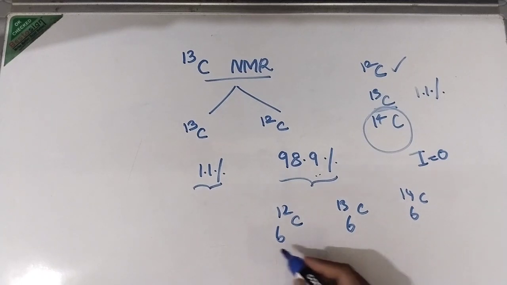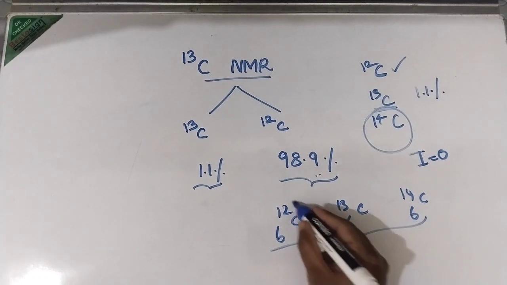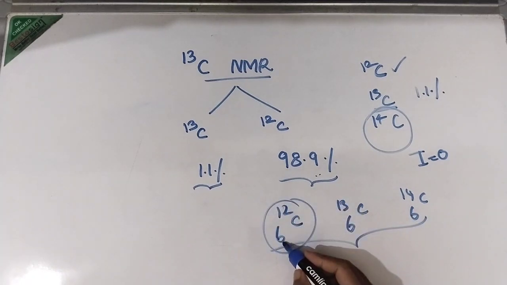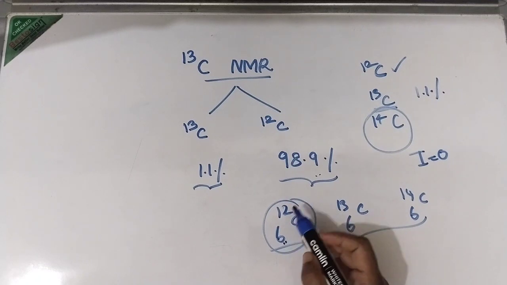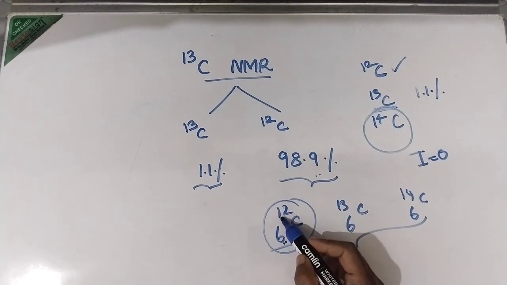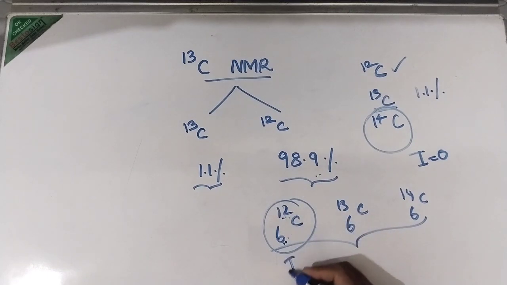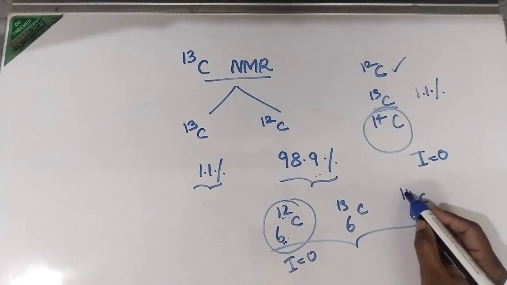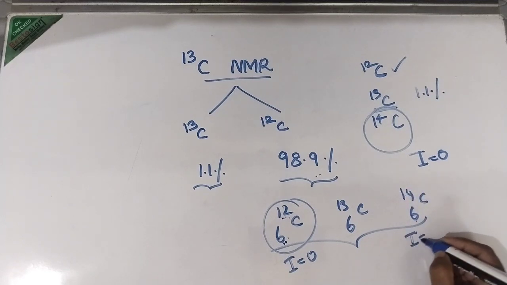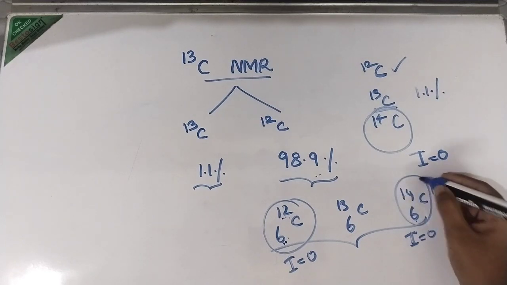See here, in this case, the atomic number is 6, it is even, and similarly the mass number is also even, right? Hence this will be NMR inactive. It will have an I value of 0. Similarly, in carbon 14 also the I value will be 0 and it will be an NMR inactive nucleus.